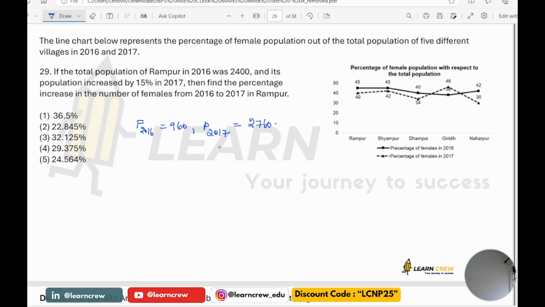And female population of Rampur in 17 is how much? 45%. Am I correct?